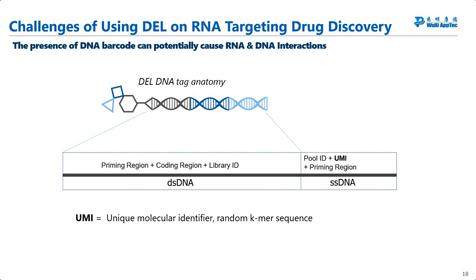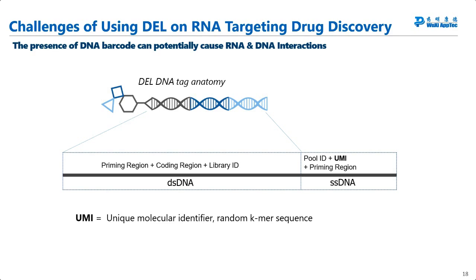This slide presents the architecture of the DNA barcode of a DEL molecule. You can see that the DNA barcode is connected to the small molecules through a linker, a long flexible PEG linker. But the DNA barcode has two regions.